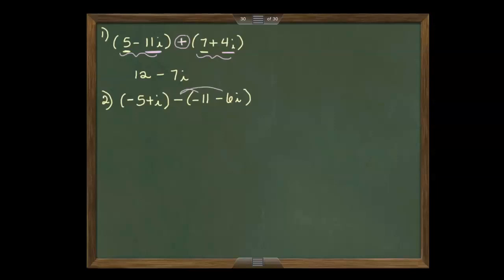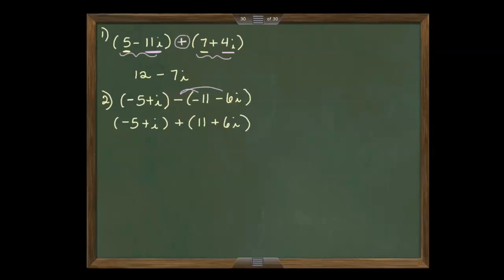So once we distribute that negative, what we're going to have in essence is an addition problem. So we have negative 5 plus i plus 11 plus 6i. So essentially we're taking the opposite of every term in that second parenthesis.